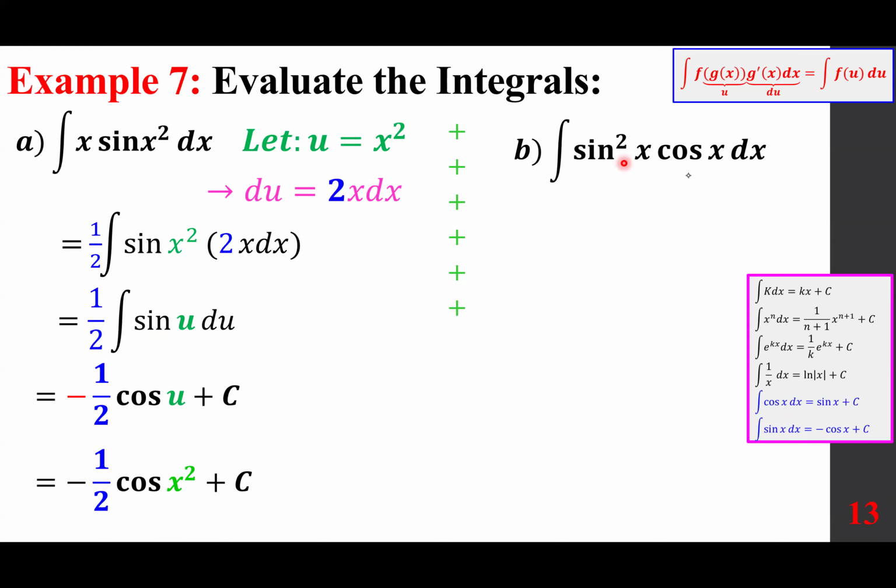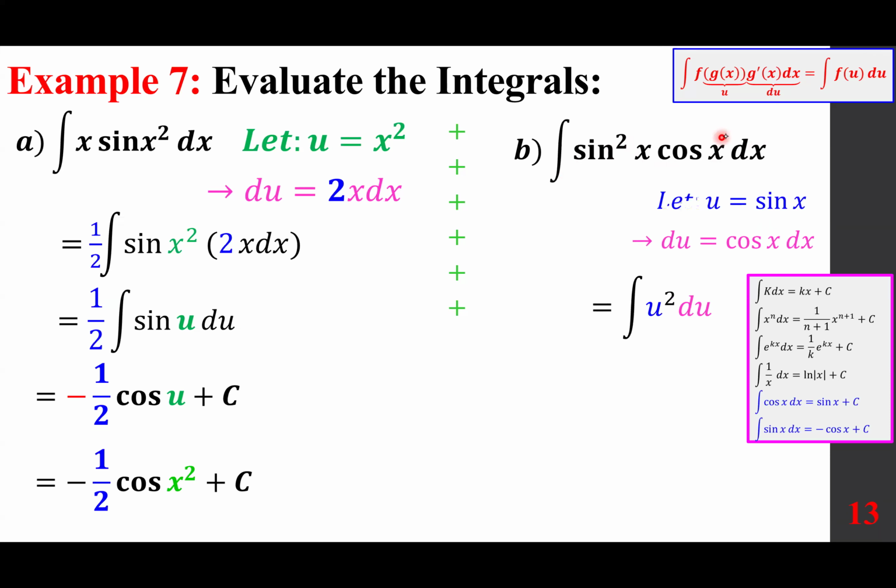So what happens when both sine and cosine are involved? Then the one that has the exponent is a choice of u without the exponent. Sine has the exponent, so that's a choice of u. What is du? Cosine x dx. So what you're dealing with is the integral of u squared dx. This entire thing is du.